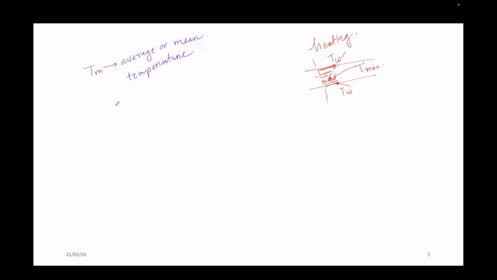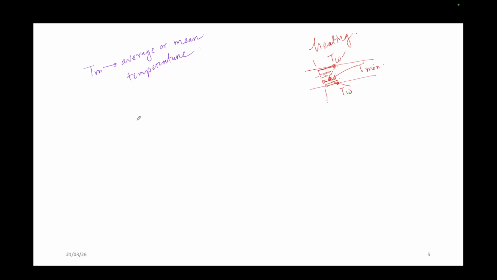Now, how do you need to find out this T average? In case of velocity, you take the mass flow rate, because the velocity is related with the mass flow rate, and the temperature is related with the energy, right?